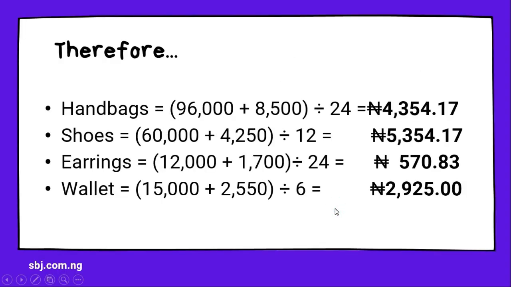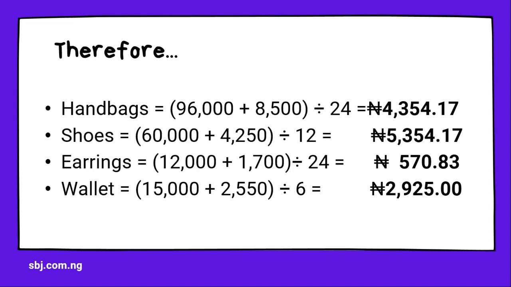So using that formula, instead of just saying 96,000 divided by 24 like I did earlier, you're going to be adding the shared expenses. That's the cost of lunch, luggage carrier, transport, and those other expenses. You're adding it to the cost before dividing it by the number of the items that you bought.